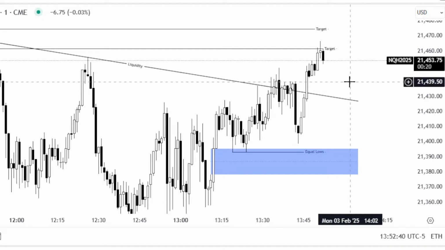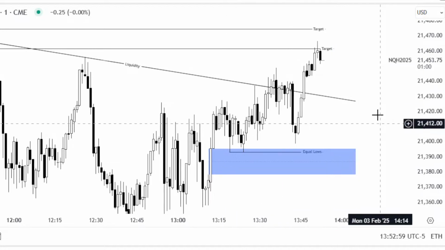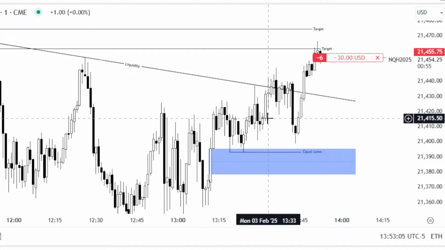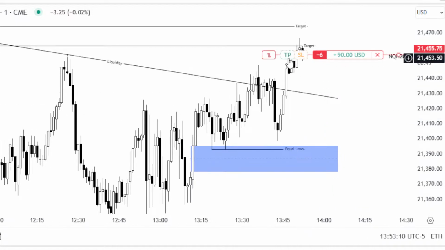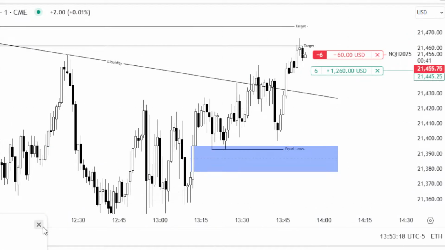Might see a push lower here, but don't know yet. This is just a scalp. See if we get it.